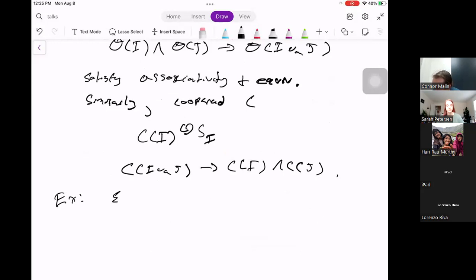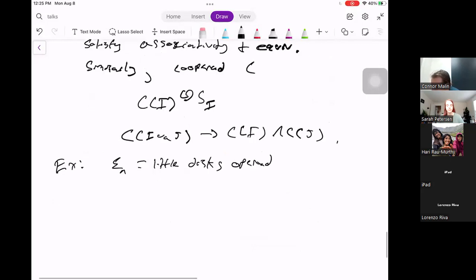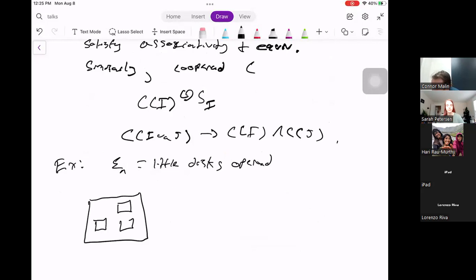So E_n, this is the little disks operad. Let me draw some points in it. Let me give some names to this, so I'll say a, b, c. So this is an element of E_n of {a, b, c}.